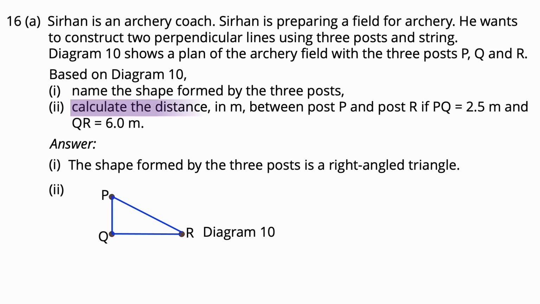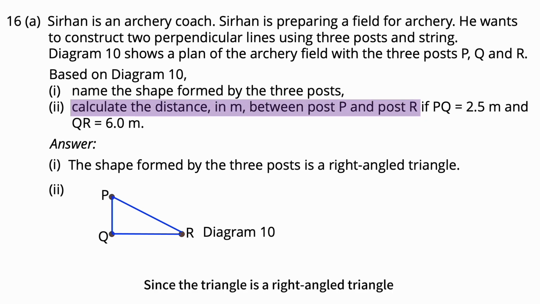2. Calculate the distance between post P and post R. Since the triangle is a right-angled triangle with the right angle at Q, we can use Pythagoras' theorem to find the distance between post P and R, which is the longest side of the triangle, called the hypotenuse.